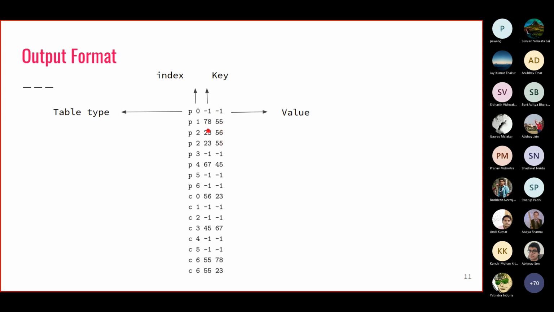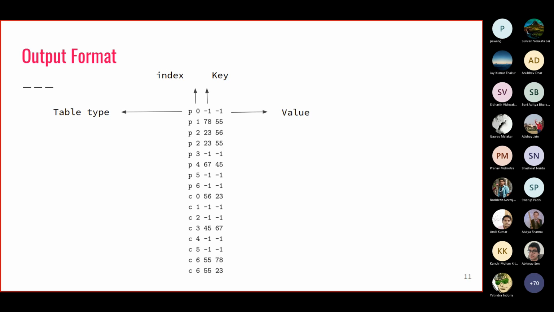In the case of the by portfolio hash map, the keys are the portfolio numbers and the values are the counterparty IDs, and the reverse is true for the other one. When there is no node associated with a particular portfolio number or counterparty ID, then we shall just write -1 and -1. Okay, the output format is clear.